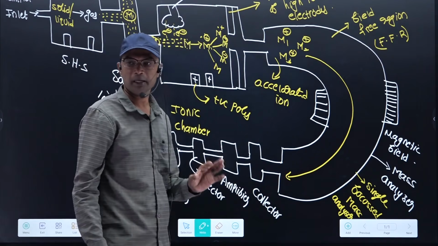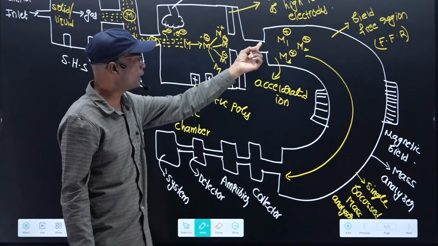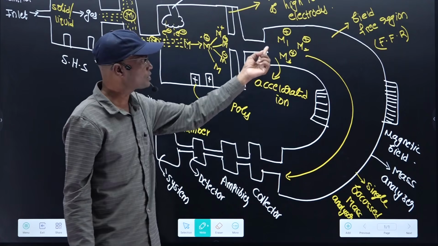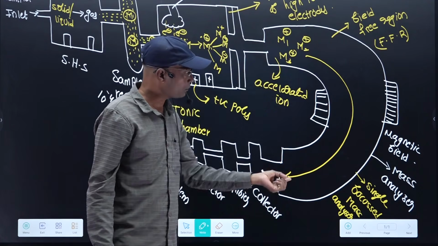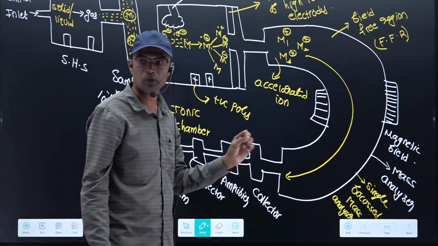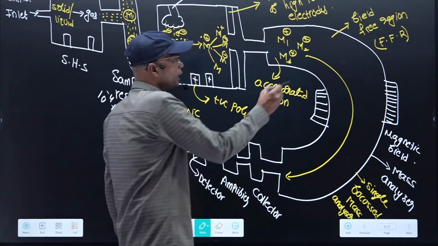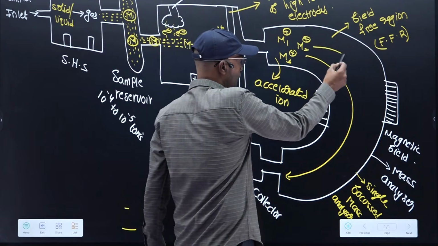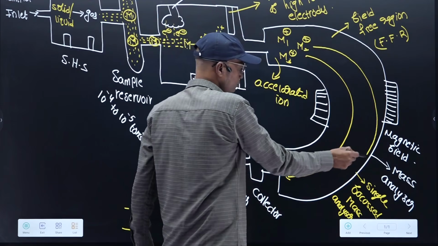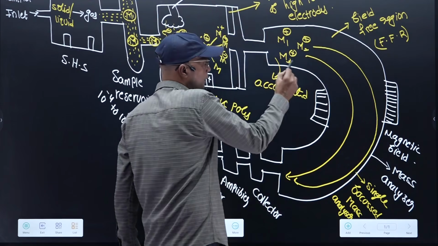The time taken by any accelerated ion from inlet to outlet is called flight down time. An ion may take a long time, or an ion may take less time.